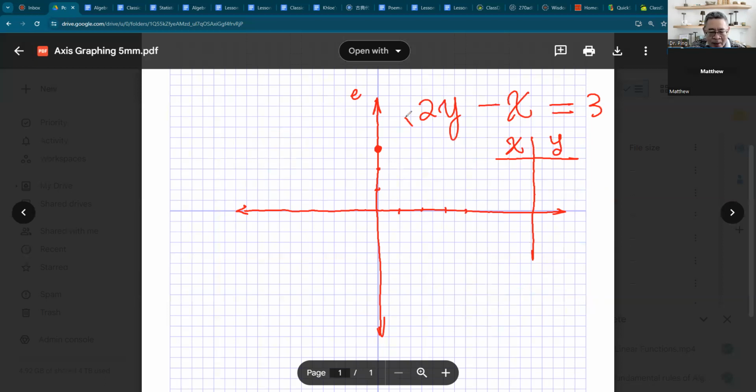So the 2y is an even number. So in order to make y an integer, we keep x odd, because odd plus odd is even. So we can rewrite this equation as 2y equals x plus 3. Good?